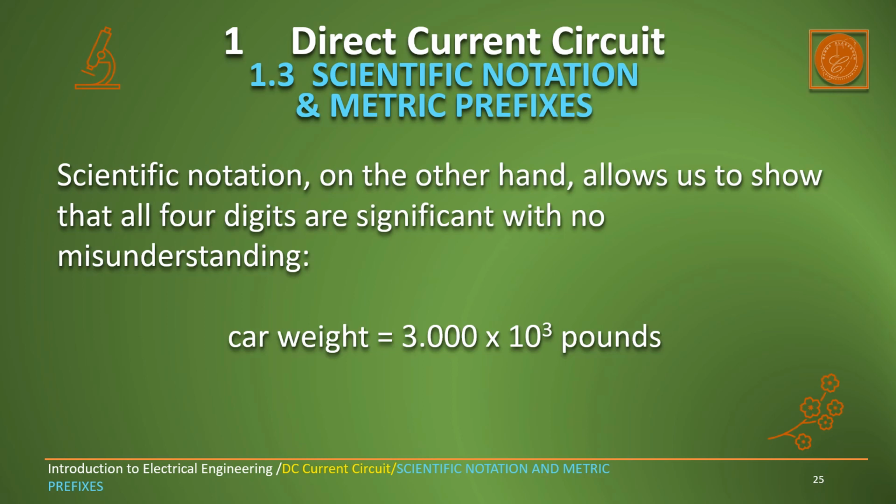Car weight equals 3.000 times 10 power 3 pounds. Because it has 4 significant digits, it means this weight is accurate to the nearest pound, because this is 10 power 3.